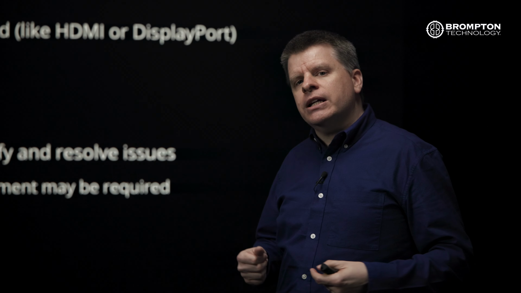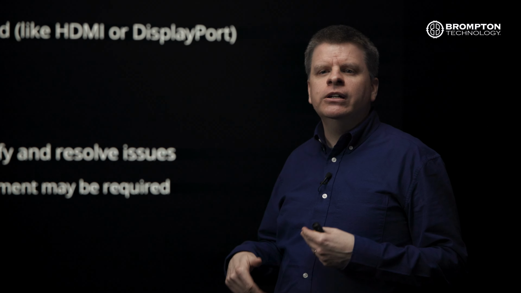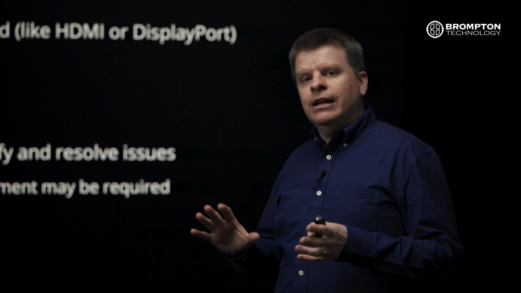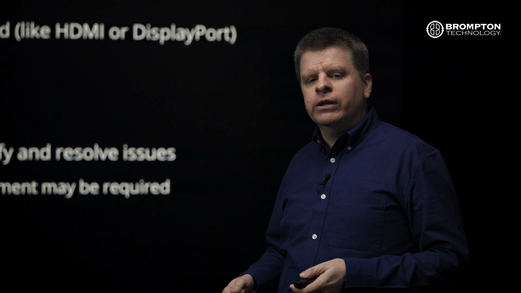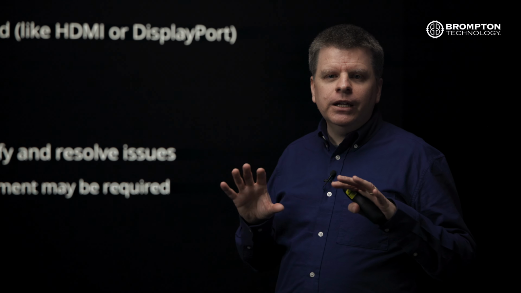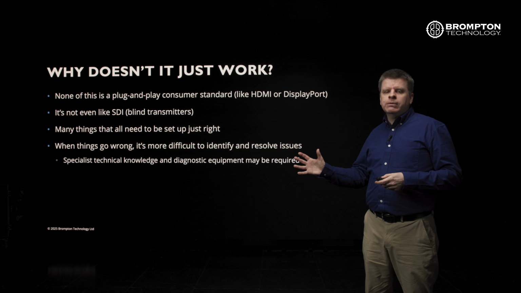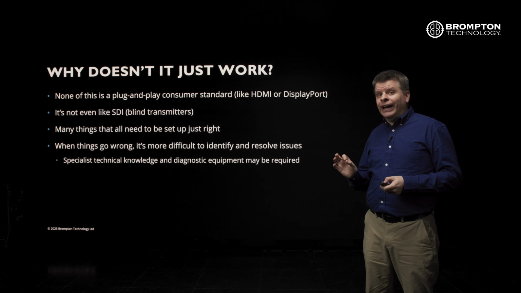IP, because of the extra layers of complexity in terms of the conversations that the devices have with each other and how the network starts to get involved in routing those signals around, it's not quite as straightforward as being able to simply unplug the cable and try it somewhere else. So if it's working, that's great. If it's not working, there are lots of places potentially that you need to go and check whether things are set up right, and that can be tricky.